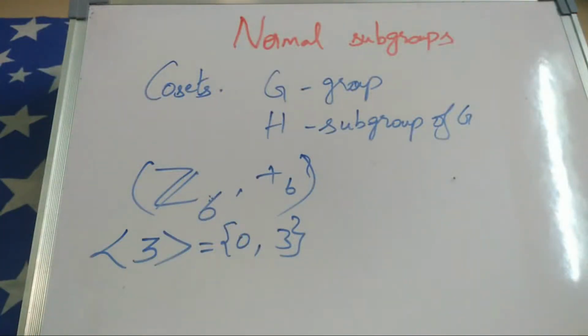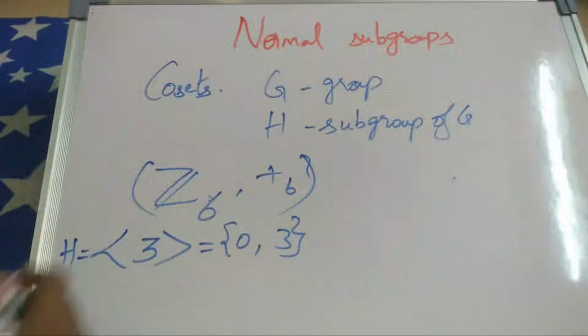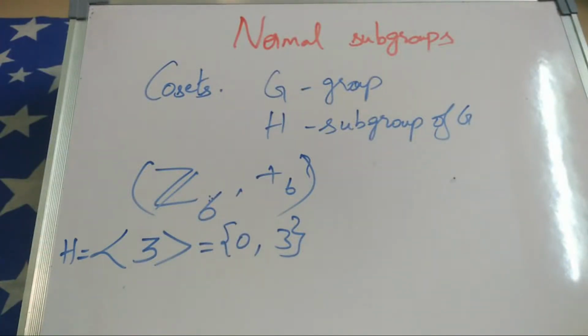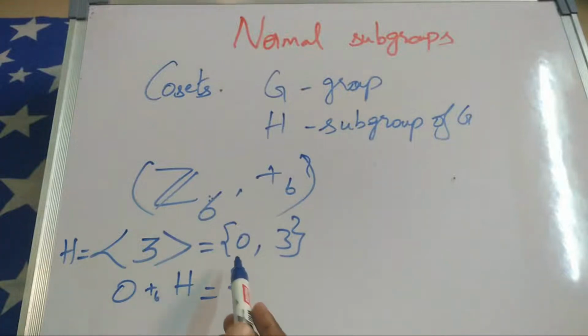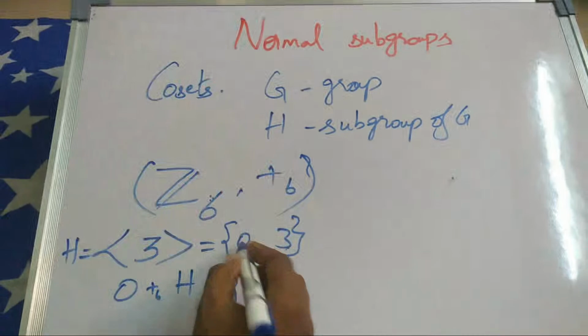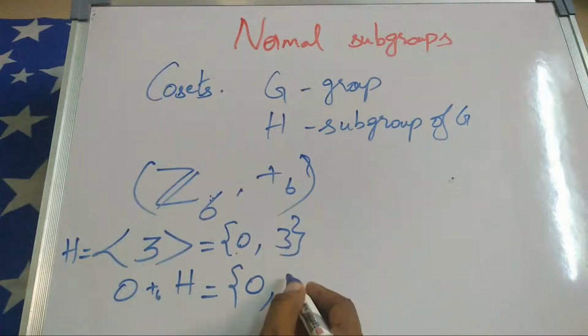Let me denote this by H. Here the operation is addition modulo 6. So 0 +6 H is going to be: we add 0 to each element here. So 0 plus 0 is 0, 0 plus 3 is 3.